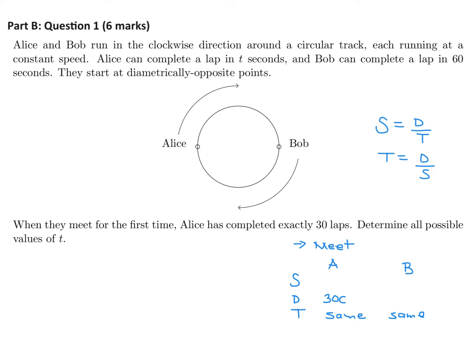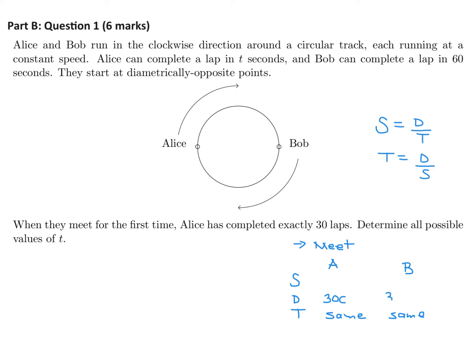Now for Bob is interesting, because if Bob is faster than Alice, that means he actually goes half a lap more, right? Because he's starting over here. So in order for him to catch Alice, he would have to eventually always be half a lap more in terms of his distance.